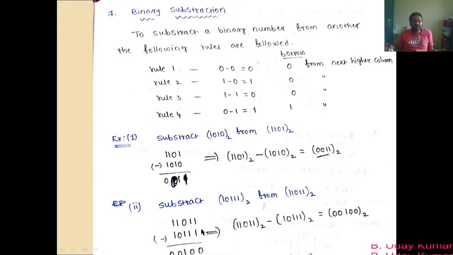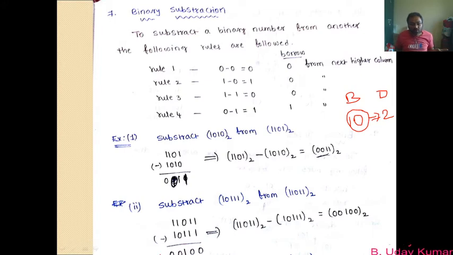I hope you remember the table that we discussed already. 10 in binary is equivalent to 2 in decimal. So if you borrow 1 from the next order column, it becomes 10.